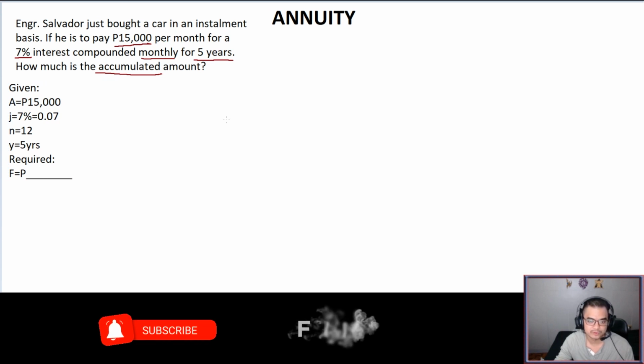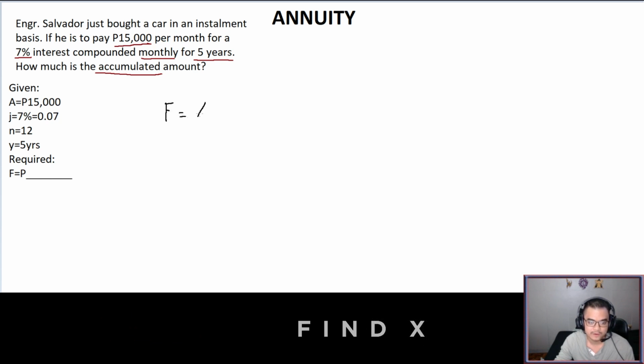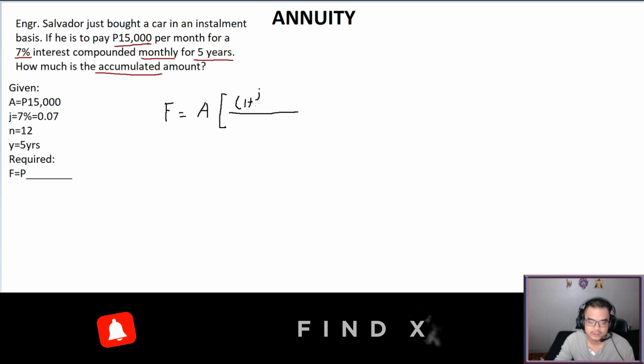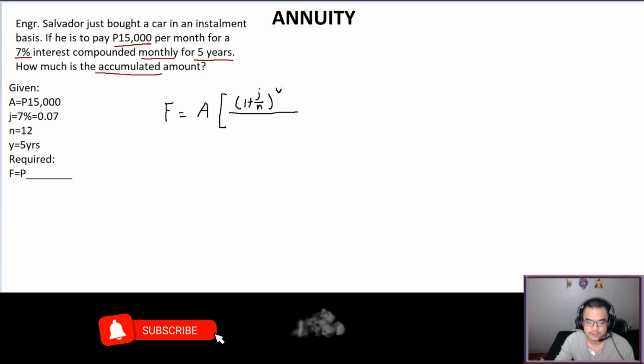Let's go to the solution. This is just direct substitution. We have F equals A times (1 plus j over n) to the power of yn, positive because we will go into the future, minus 1, all over j over n.